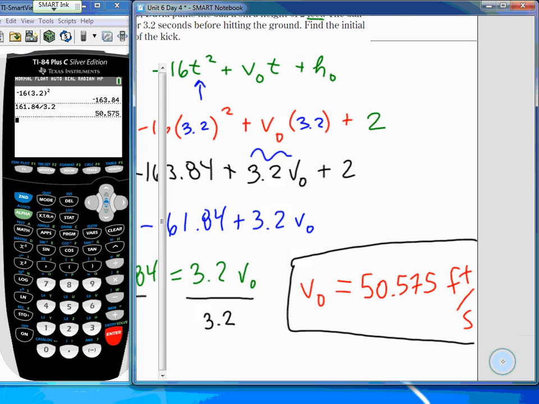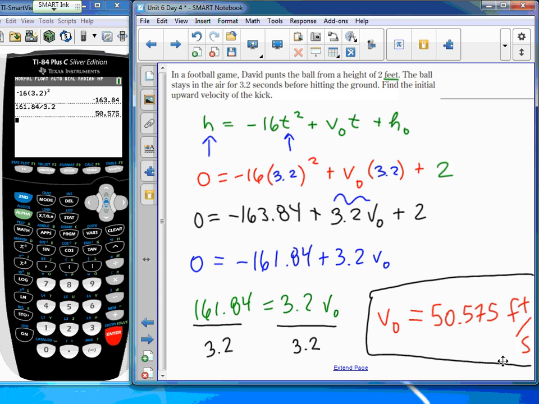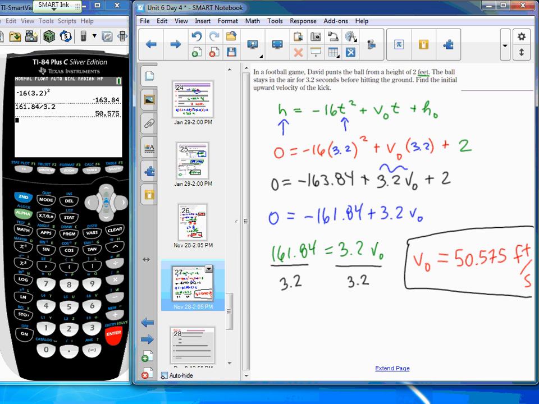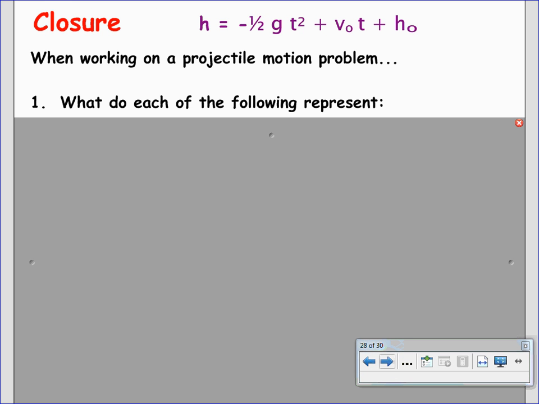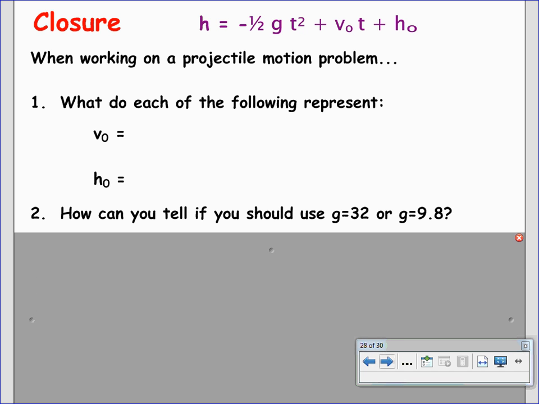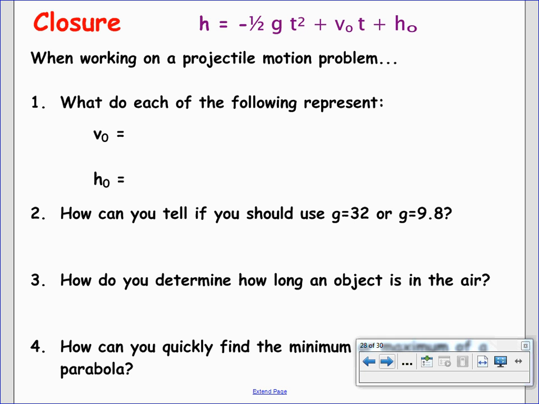I'm going to go ahead and undo the auto hide so we get a nice full picture here. All right, let's go ahead and summarize our new learning for the day then. So when working on a projectile motion problem, go ahead and write down on your closure slide, please. Don't talk, just write down what does V sub 0 stand for?